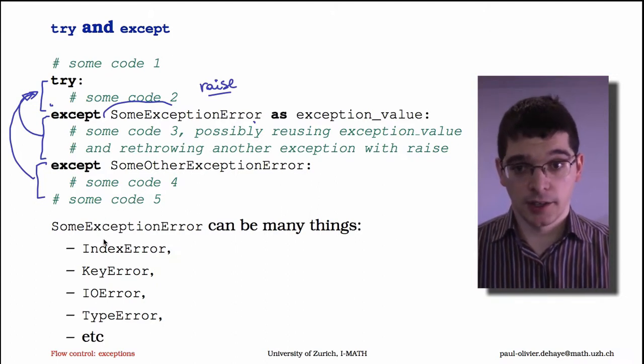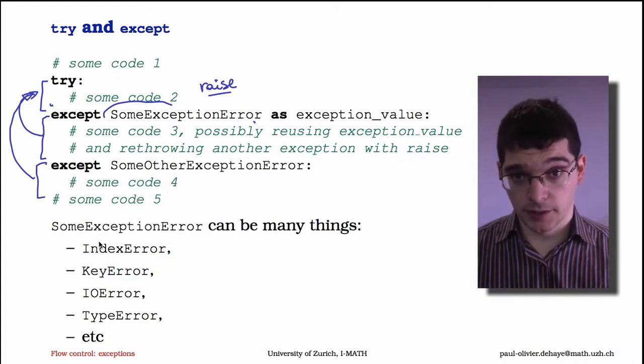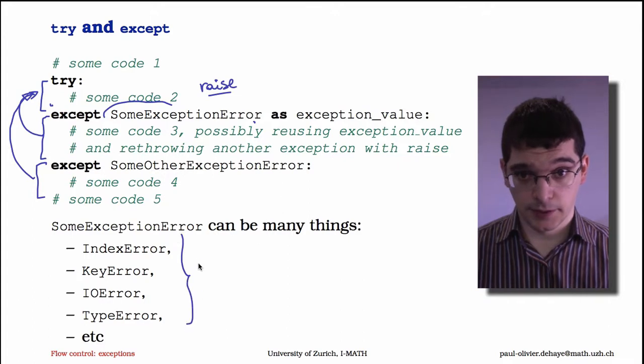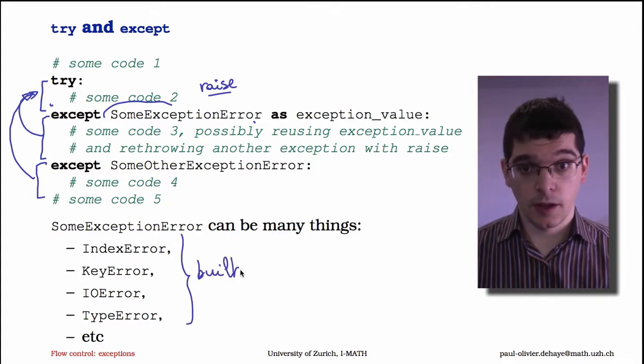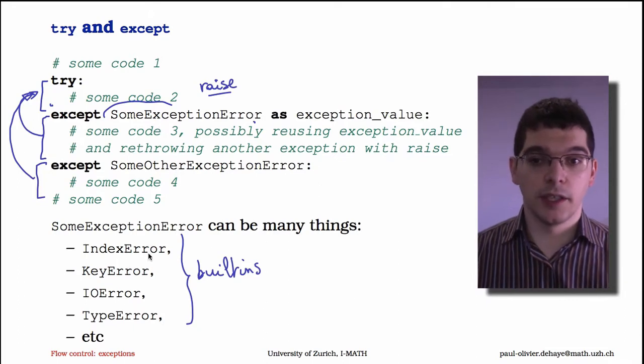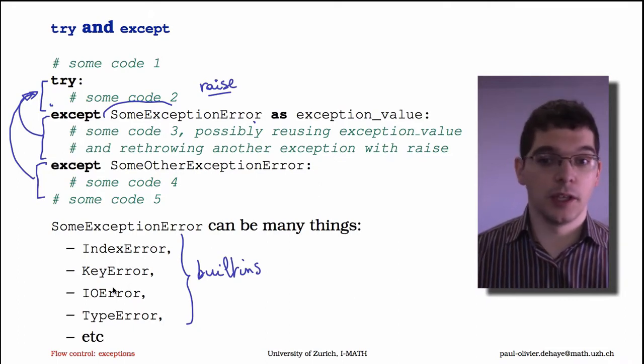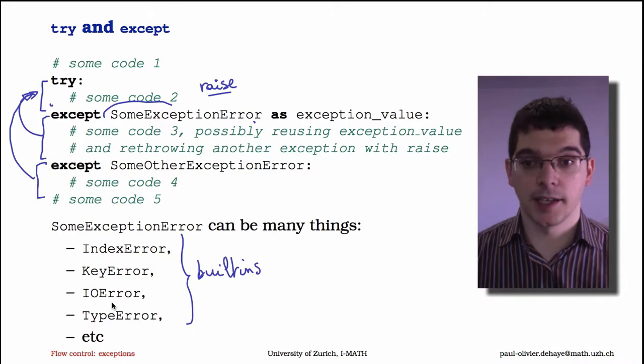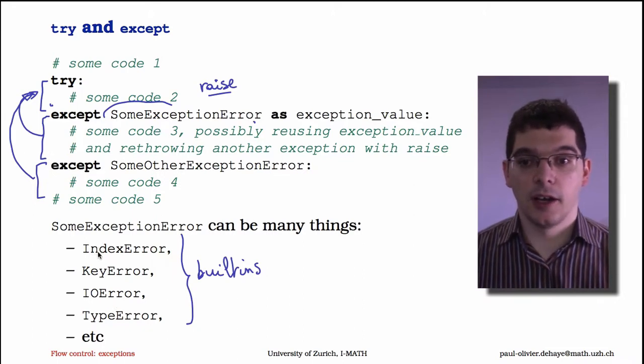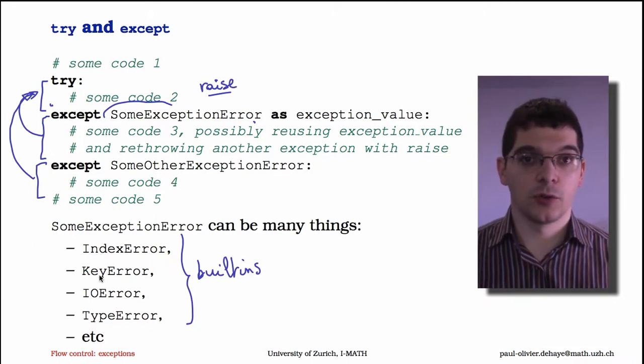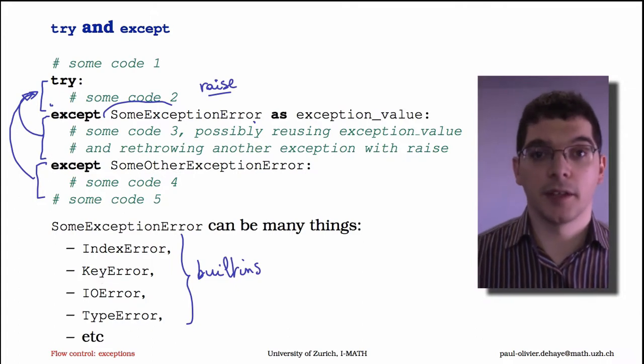Okay, so some exception error is here, some exception, all right, but I didn't make it precise which one. So there are different options that are built in. So those are built-ins, and by inheritance, you can define your own based on those. So it could be index error, it could be key error, it could be IO error, or type error, things like that. So index error and key error typically occur when you try to access something that does not exist.